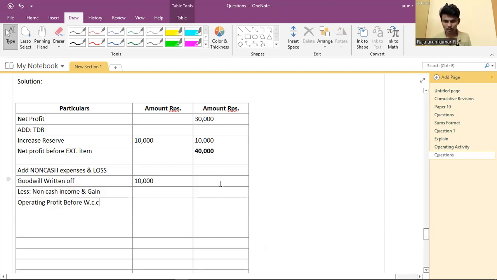There is only goodwill in there. Just add the goodwill to the operating profit before extraordinary item, 40,000 plus 10,000, there is no non-cash income and gain. There is 50,000. What is that 50,000? Operating profit before working capital changes.